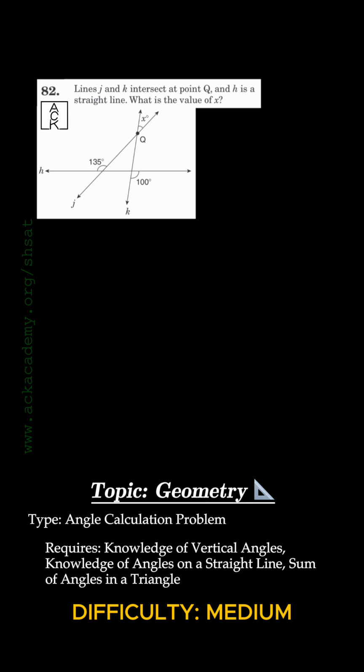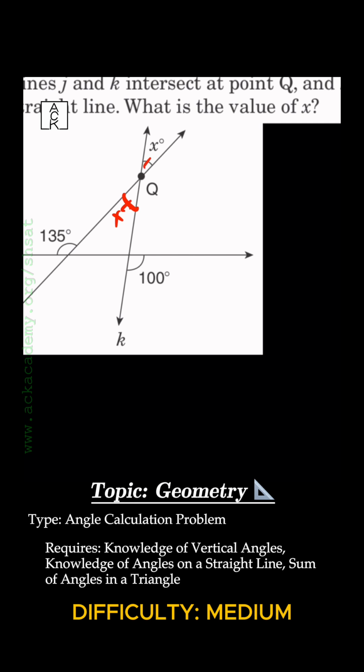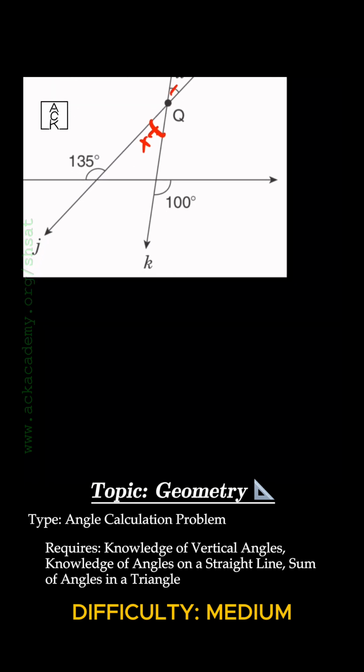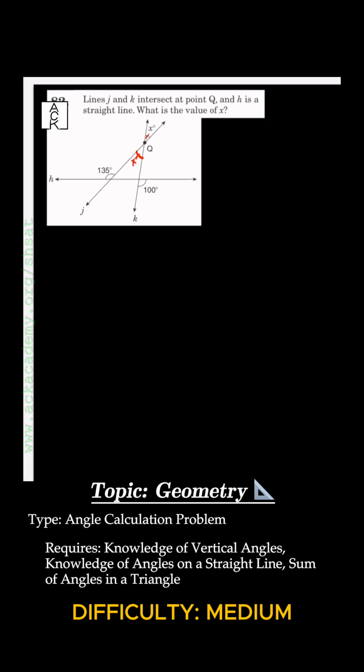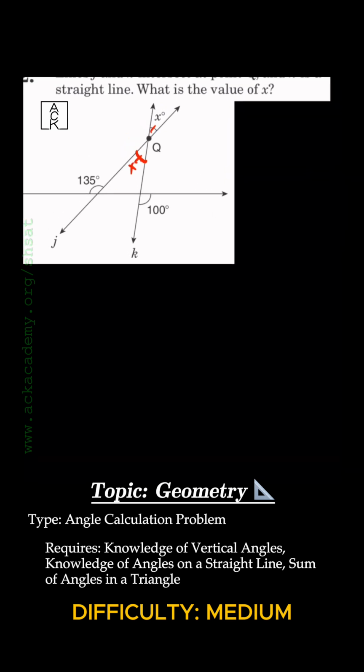So in order to know that, you should know that the value of X is also this. This is also the same thing. Now, how can we find out? So if that's the same thing, you should know that this is also the same thing, and that this is also the same.